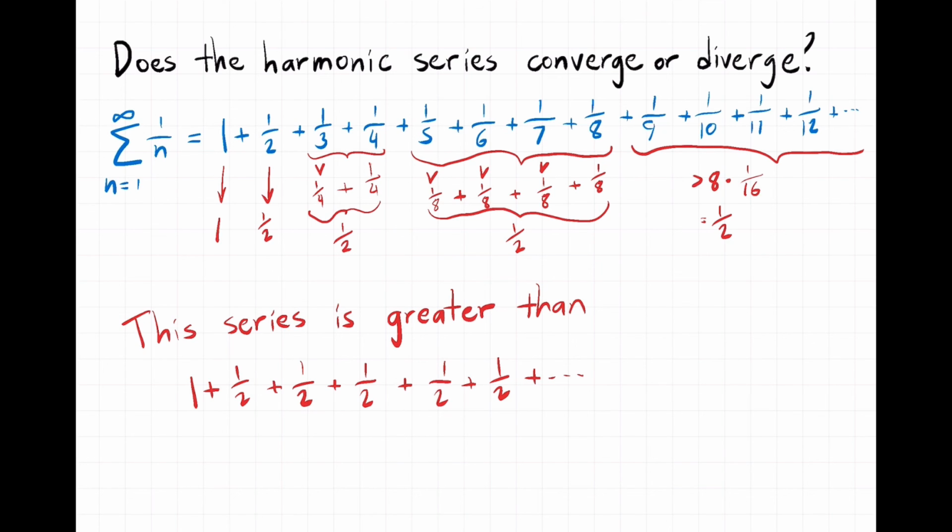Now, each of those 1/2s, it takes you longer to reach that point, because the first half we had to add 1 term. The next half we had to add 2 terms. The next half we had to add 4 terms. The next half we had to add 8 terms, and so on. So it will take you longer each time, but you can always get another half added on. And you can do that forever. And that sum is going to be infinite. Really, we shouldn't even say the sum is infinite, because an infinite sum doesn't really mean anything. Really, the series diverges.